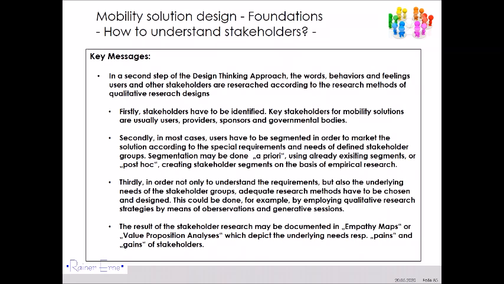Secondly, if you have your main stakeholders, you have to segment especially the users according to the requirements, the preferences, the needs, the behavior they have. And here I introduced the a priori segmentation, which you can derive from literature, or if it's not available in literature, you can do a post hoc segmentation, doing the interviews and segmenting your user groups according to your interviews.